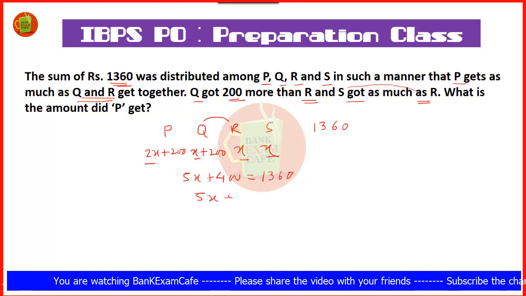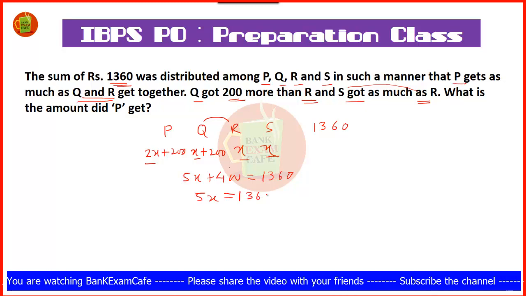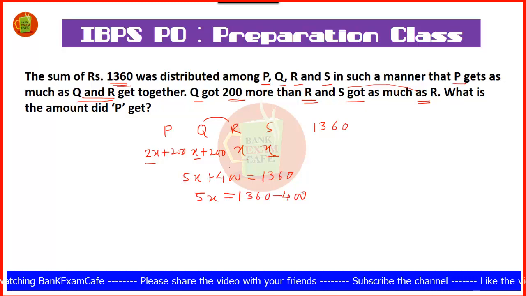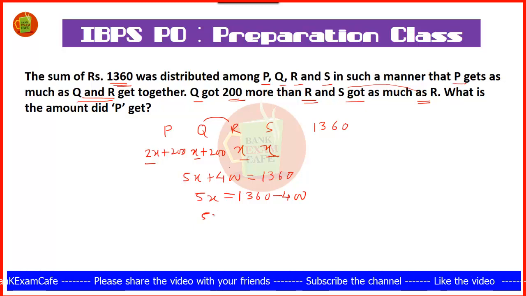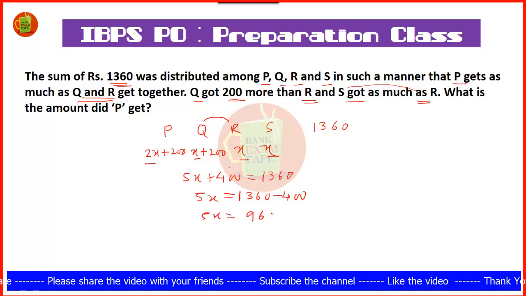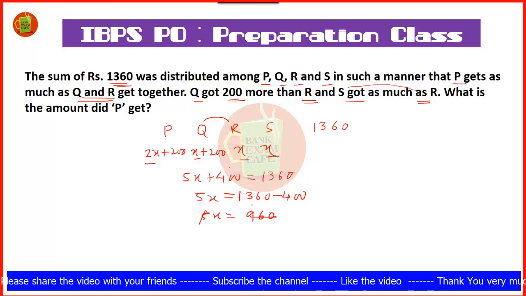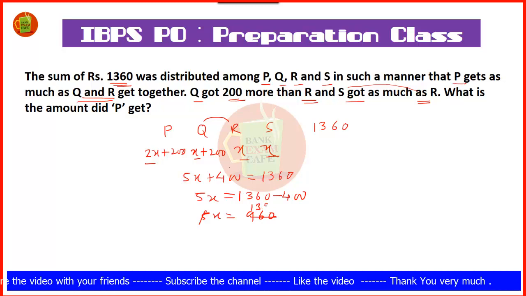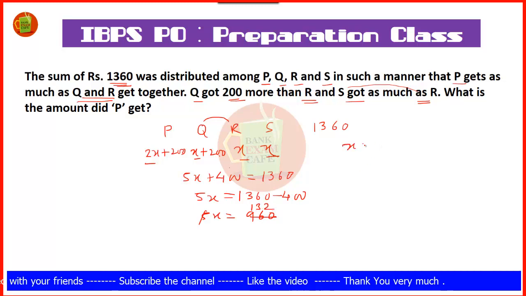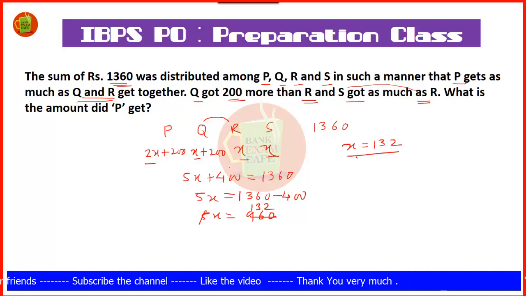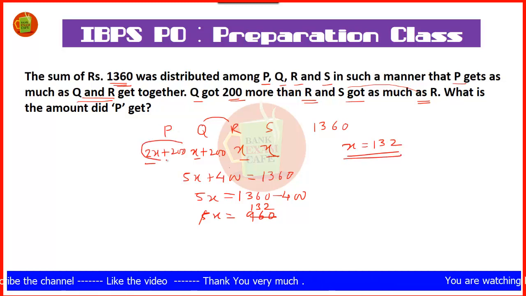1,360. Take 400 to other side, so you will get 5x is equal to 1,360 minus 400. And therefore 5x is equal to 960. So 5 ones are 5, 5 threes are 15, and 5 twos are 10, and therefore x is equal to 132. But we have to find the amount P has got.